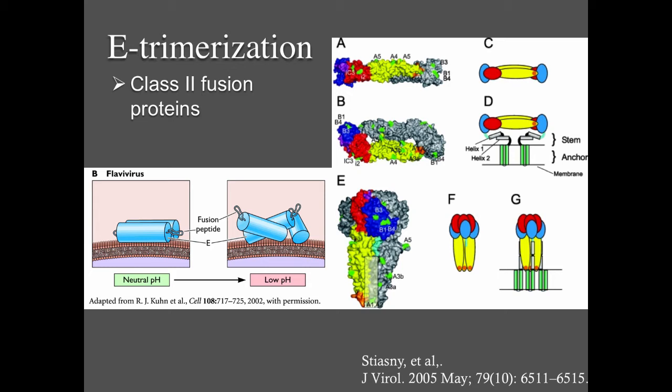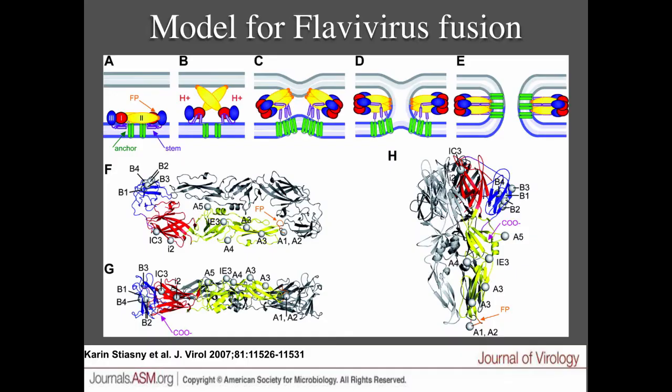Shown here again, the envelope protein in its dimer form upon the low pH fusion, you get sort of this, the next slide I think is better for this, right? So you have the 3 domains here, 1, 2, and 3, upon the low pH environment of the endosome.